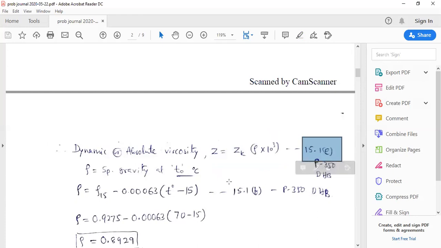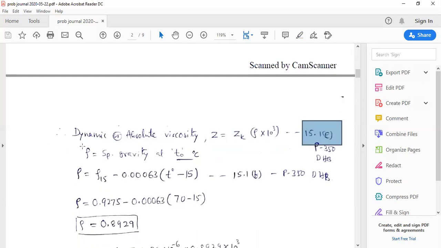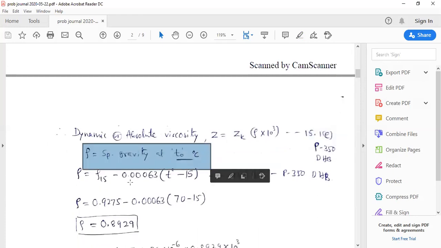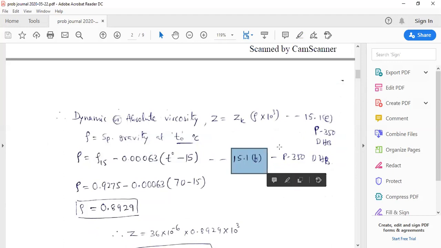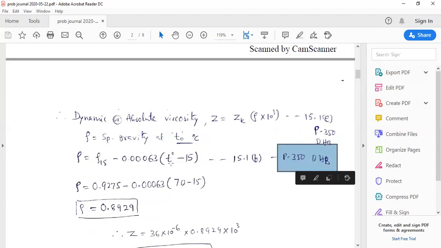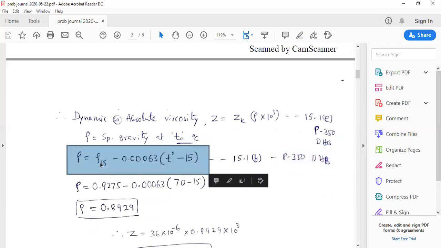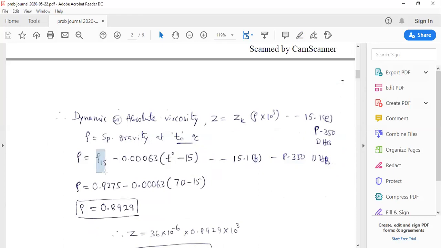e, page number 350. The specific gravity at a specified temperature, that is 70 degrees centigrade, we have to get. Again, refer to equation number 15.1 f, page number 350 of the data handbook. There we have an equation: rho is equal to rho 15, that is the specific gravity at 15 degrees centigrade, minus 0.00063 into (T minus 15).